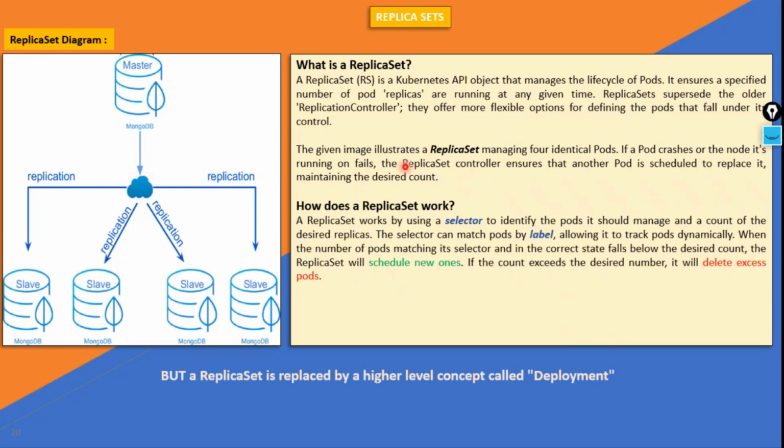The given image illustrates a replica set managing 4 identical pods. So how many replicas of the same MongoDB application? There are 4 MongoDBs with the same data contained or cloned into all of these replicas.